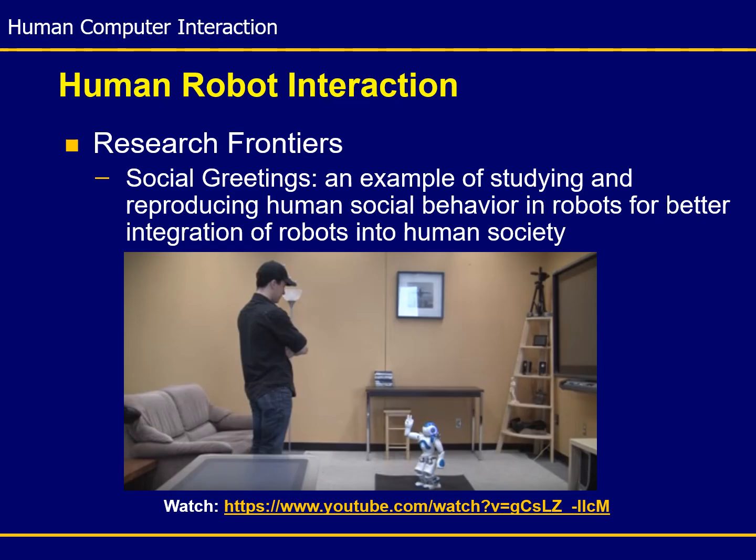This is what all human-robot interaction is about. It's not about just telling the robot something like print me this document or make me tea, but the point is how you can actually integrate robots into human society. Okay. So what you will see in the video is that he will describe how people mingle.